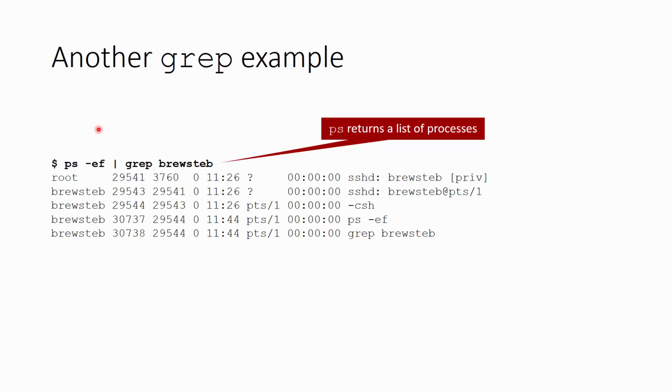But I pass this through into grep, searching specifically for my name, and it will return only those lines that have my username in them. So we can see where the sshd daemon is started up for my particular connection for my username, run by root. We can see all the different processes that I'm using that contain my username in them as well.